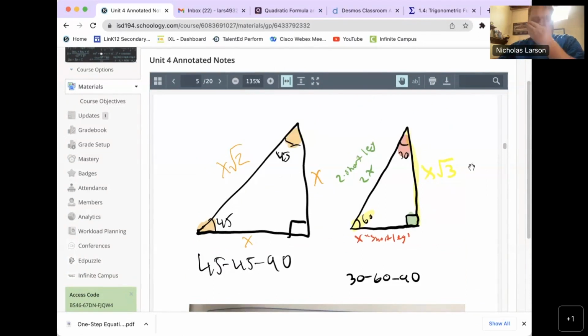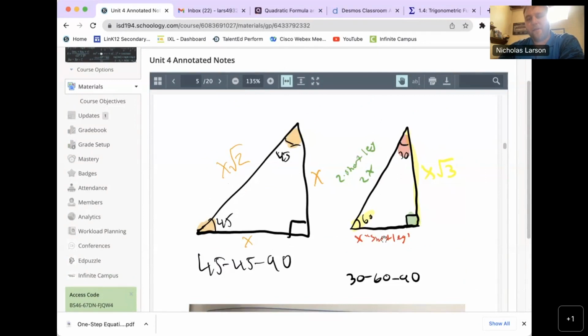As a reminder of our shortcuts, and I don't know if I had you in geometry, how I like to look at it is across from your 30-degree angle is your short leg. That's what we call x. Across from the 90-degree angle is our hypotenuse, which is like 2 short legs combined.